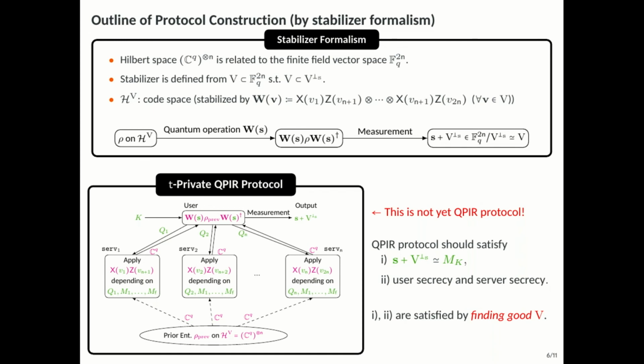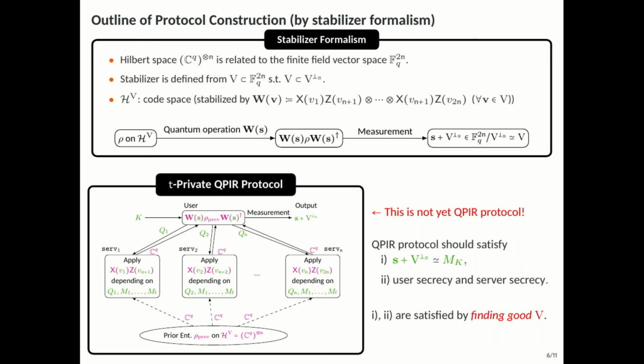Indeed, in our protocol, satisfying these two conditions is a very sophisticated task. It is a little complicated, but it essentially reduces to finding a very good stabilizer, subspace V.